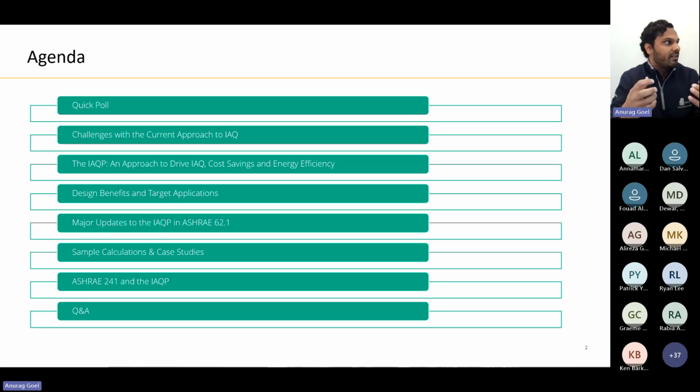What are the benefits of that alternative approach and how updates to ASHRAE standards are creating new, easier opportunities to apply the procedure? And then with whatever time we have left, we'll go through some sample calculations, case studies, and we'll be sure to leave time at the end for questions as well. If you have questions along the presentation, please add them to the Q&A, and we'll visit those questions towards the last 10 minutes or so.